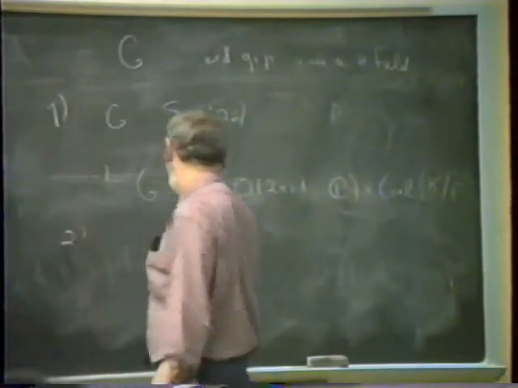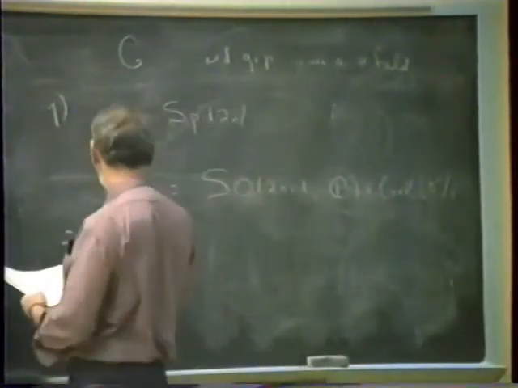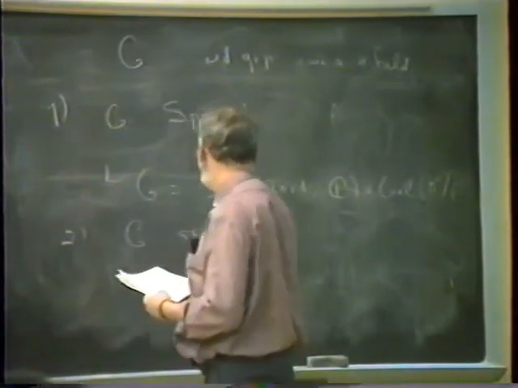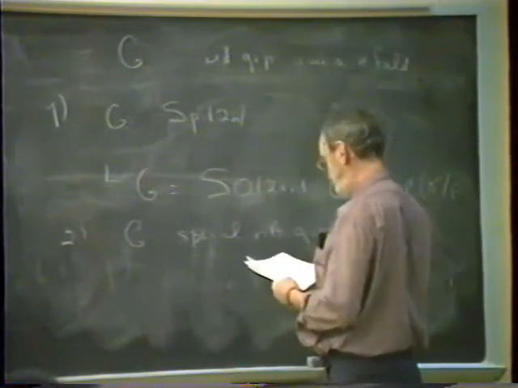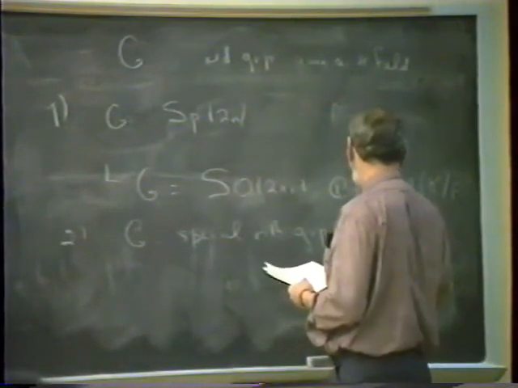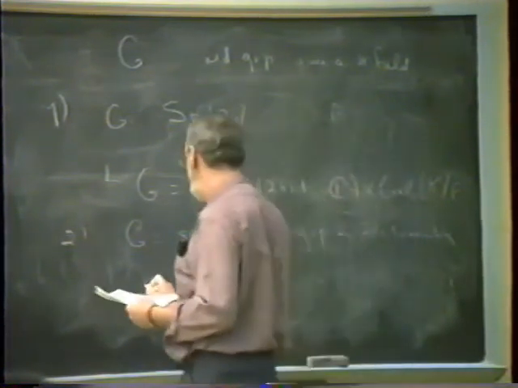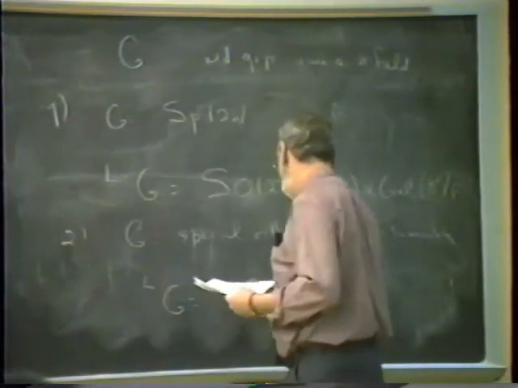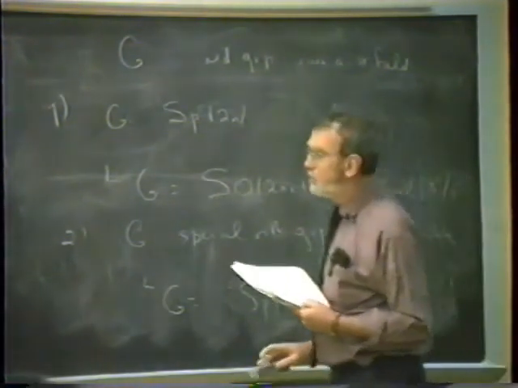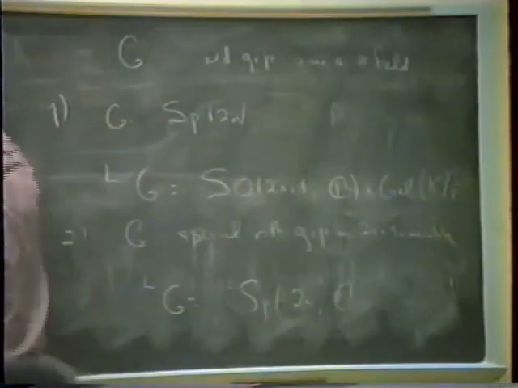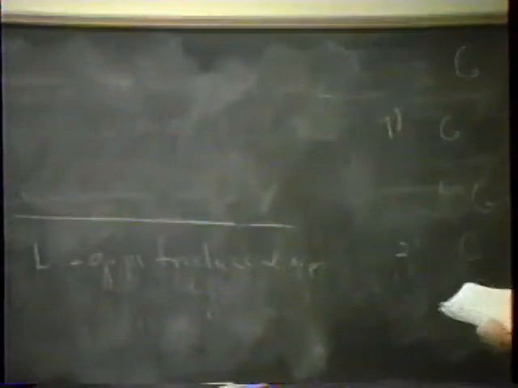And the spin group is a fairly complicated group. Well, if G were the special orthogonal group in 2n plus 1 variables, then the L group is again a complex group, but it's a symplectic group. And I'll give you one more example. I'll put it up here. And I can take a product with a Galois group.